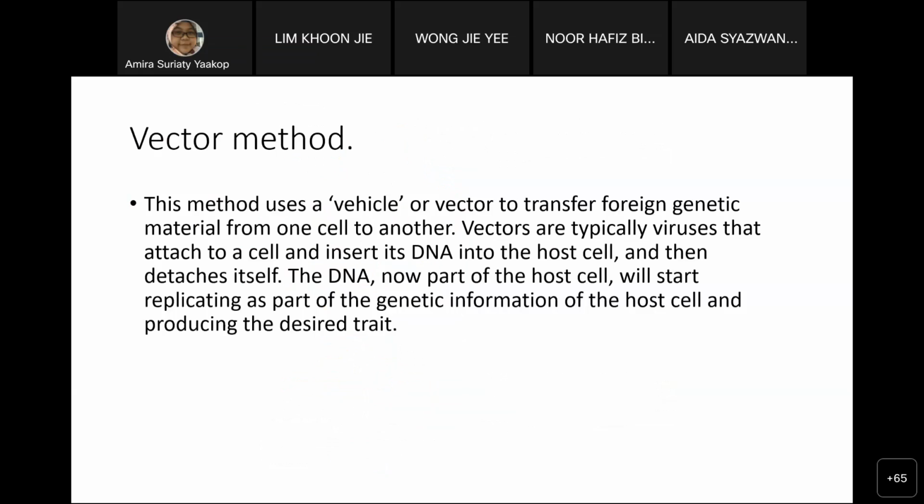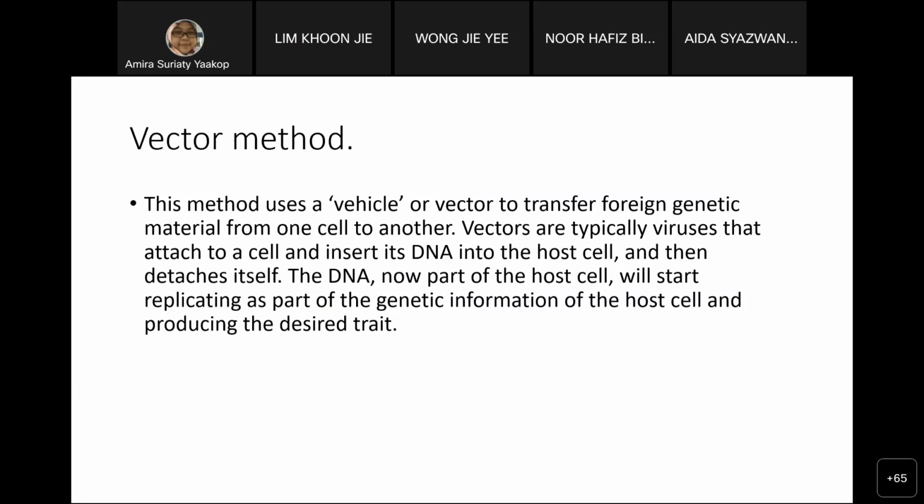And then another one is using the vector method. Previously we used a plasmid, now a vector. So a vector is not necessarily a plasmid. It's basically a vehicle where we can transfer foreign genetic material from one cell to another. Vectors are typically viruses that attach to a cell and insert their DNA into the host cell and then detach themselves.